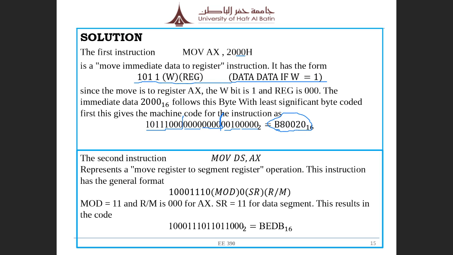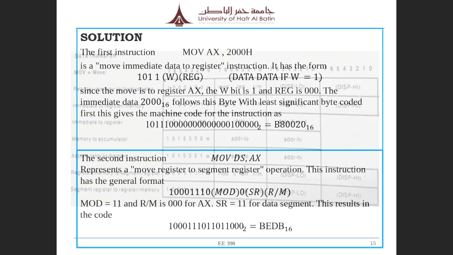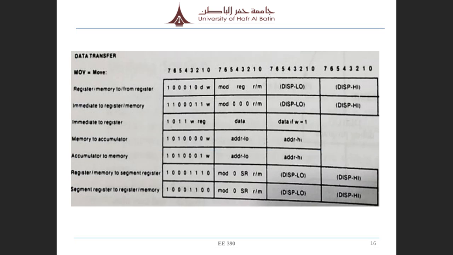That's why for our table we follow, I mean, we do it by dividing into boxes. If you can remember, look here. For register to register, this is the format. You can see register to register or memory to or from register. It was in that format.